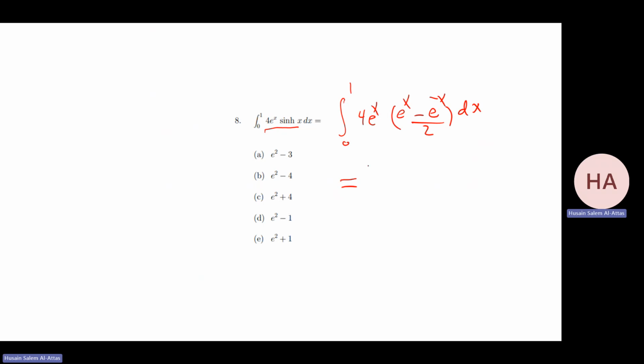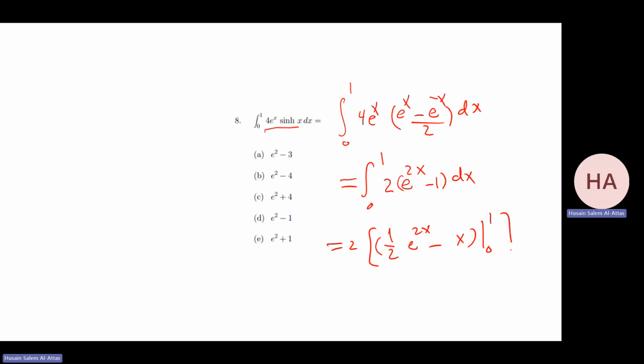So that gives me what? 2 e to the x minus 1 dx. Let me take the 2 outside. I have what here? Half e to the 2x minus x. This is from 0 to 1.